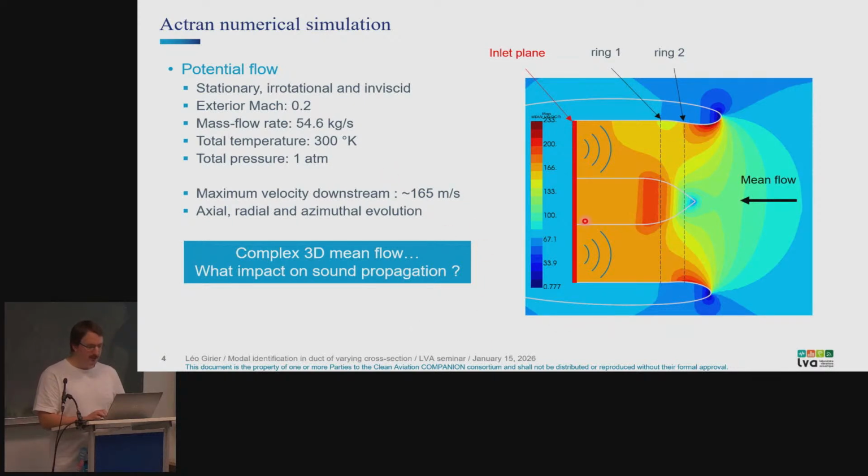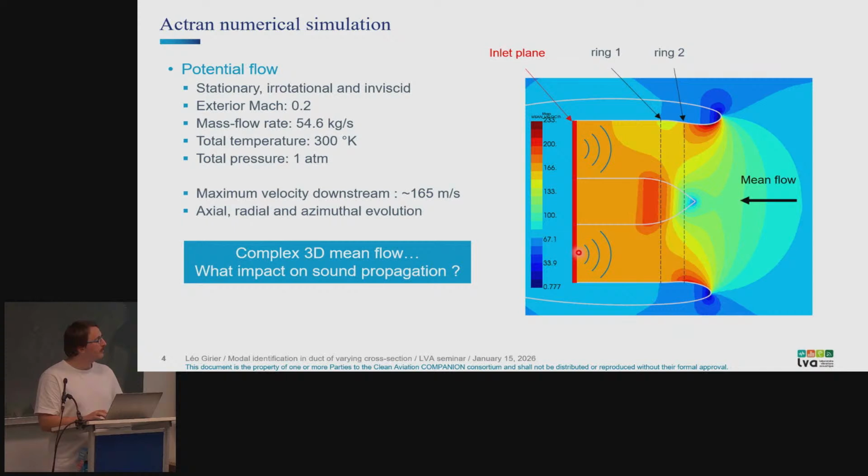And then, based on this mean flow simulation, an acoustic simulation is performed based on the linearized Euler equations, where you enforce along this plane here a boundary condition in pressure that describes a given mode, which is analytically known here because the flow and geometry are uniform.